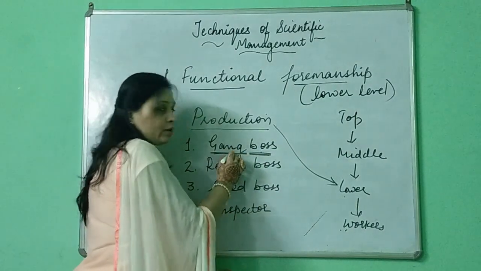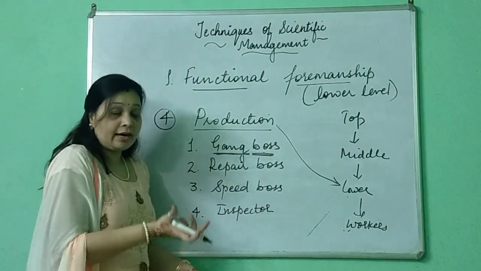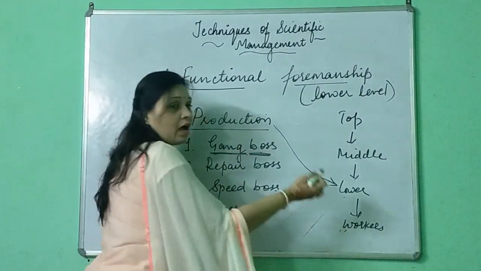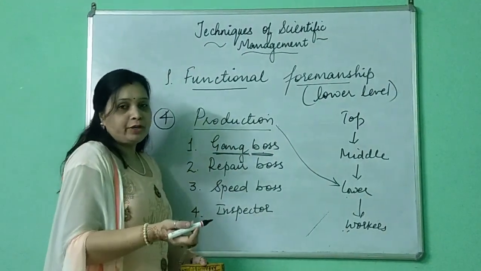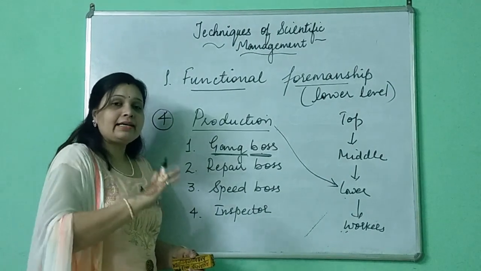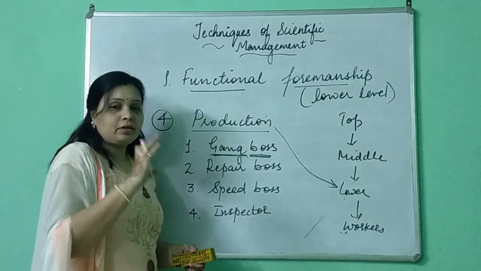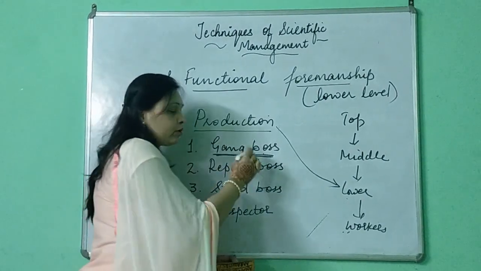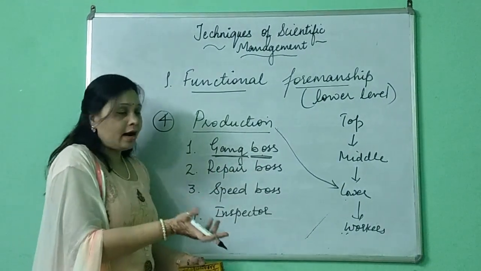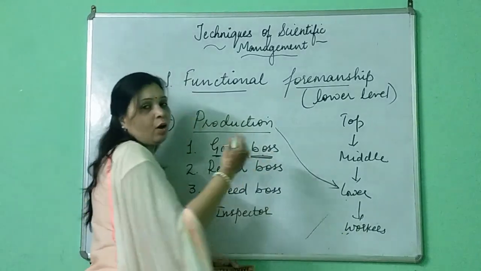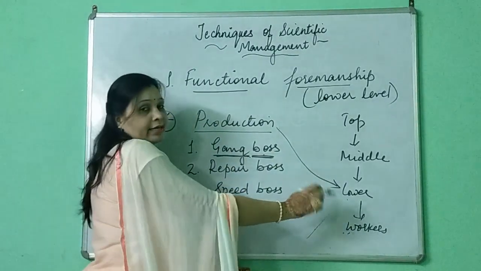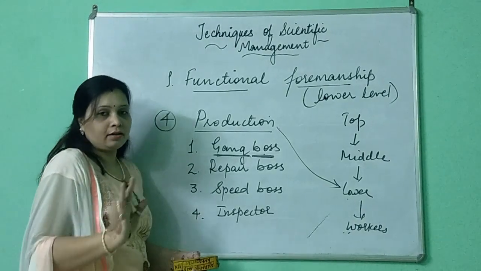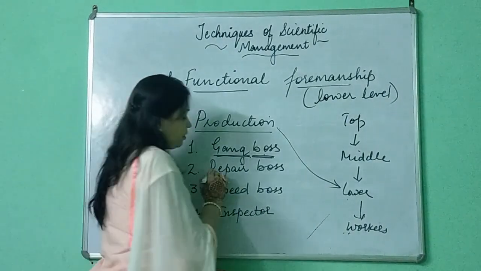So the gang boss who holds that instruction card instructs the workers how the work is to be done, because the instruction card clearly has all the instructions mentioned there. So he is the boss, the leader of the workers, who has all the instructions given by the instruction card clerk. Okay. Next is repair boss.